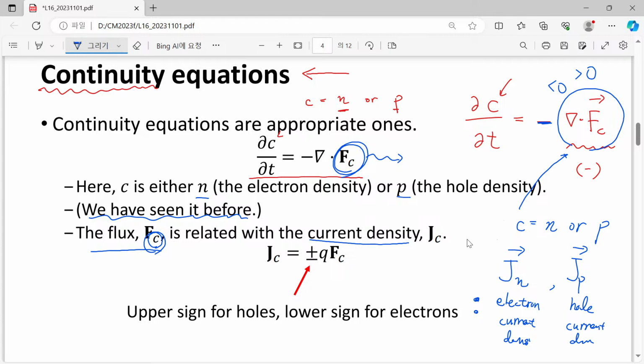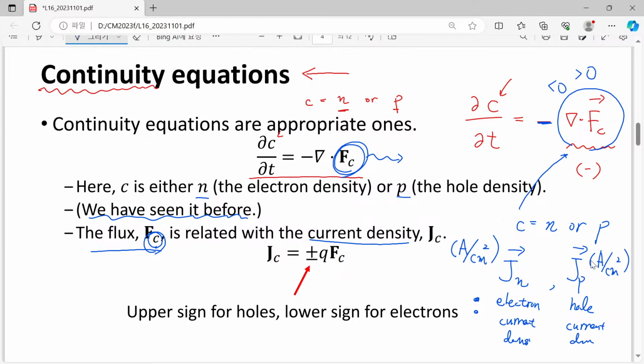They have the unit of ampere per square centimeter, per unit area. How much current is flowing? That is the quantity called this one.